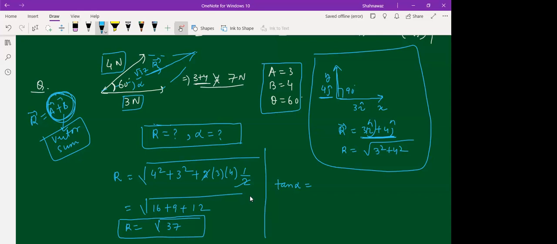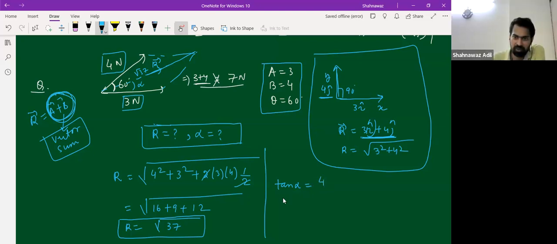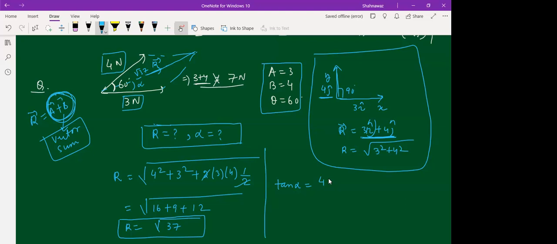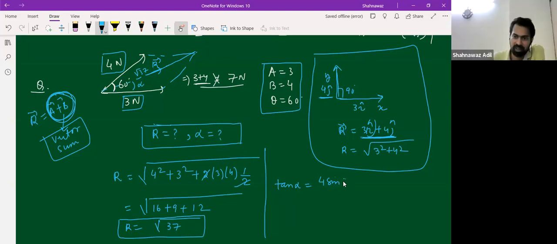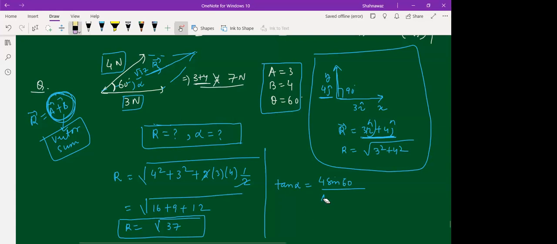Sine 60 is root 3 by 2. Okay, so let us write this as 4 sine 60 divided by 3 plus 4 cos 60.